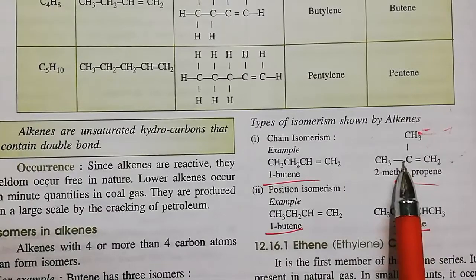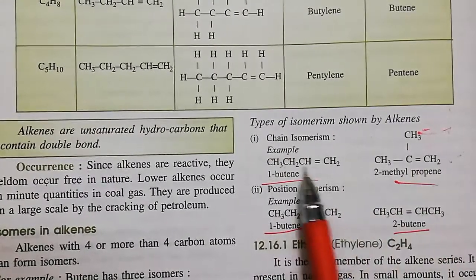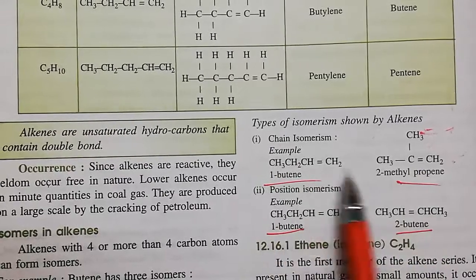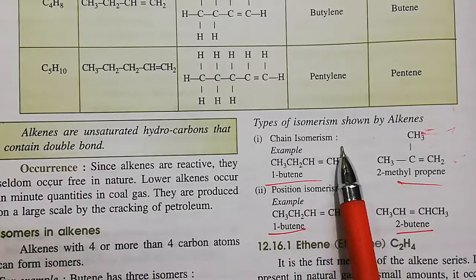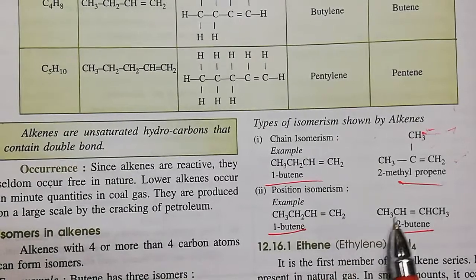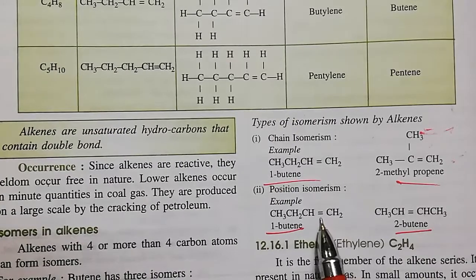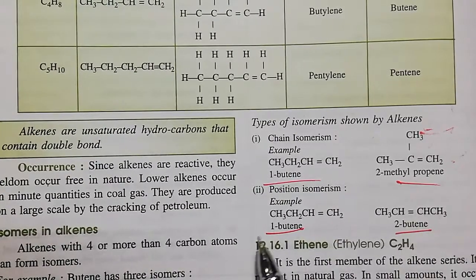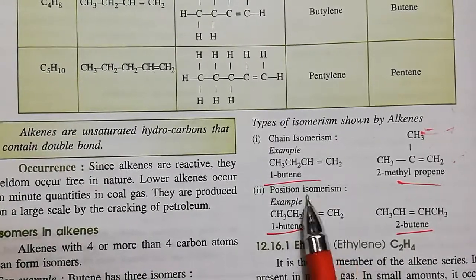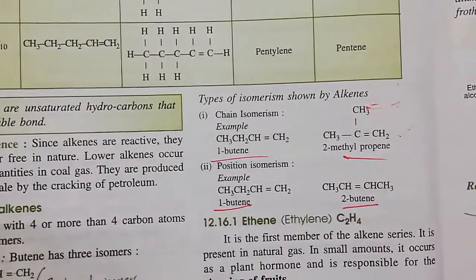So they are isomers, and they are chain isomers. The property of having chain isomers is called chain isomerism. And 1-butene, or but-1-ene, and 2-butene, or but-2-ene, differ in the position of the double bond, so they are said to show position isomerism.